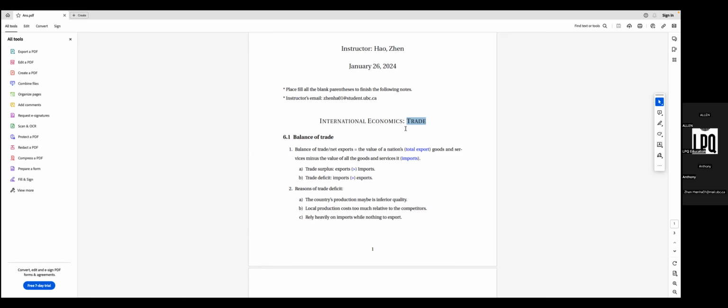But I hope you guys remember that earlier in the first week, we learned the most important part of international trade. That is how to calculate the comparative advantage and the absolute advantage, how to identify which country, either country A or country B, has a comparative advantage for producing something.